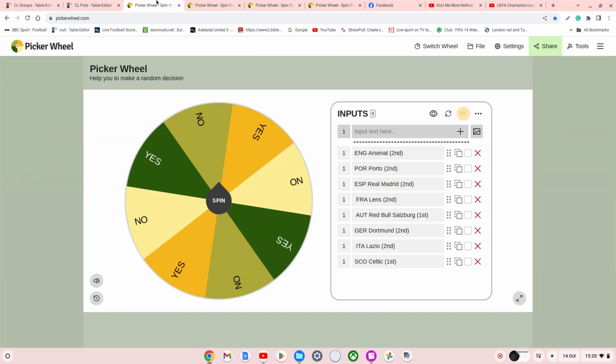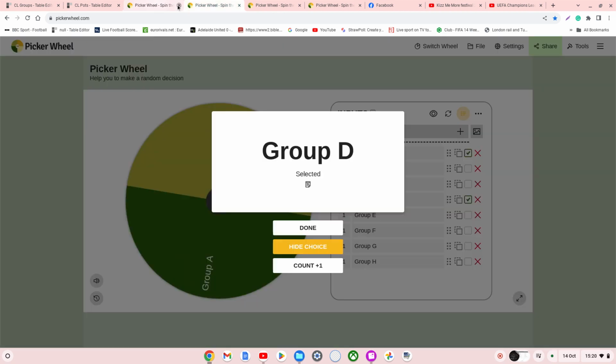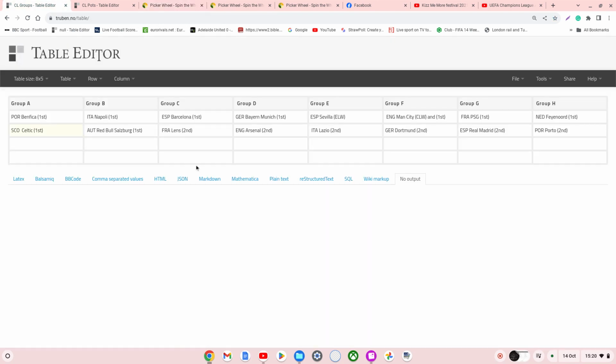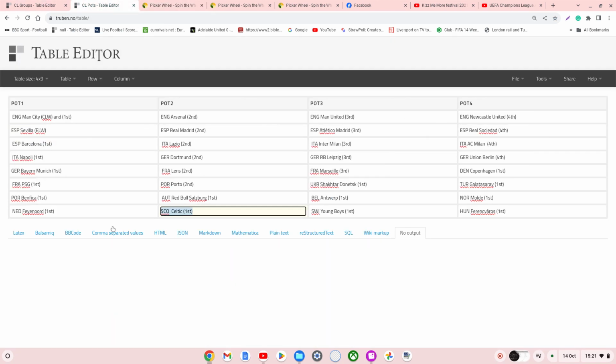Pot 3. So here are the teams in pot 3: Manchester United, Atletico Madrid, Inter Milan, RB Leipzig, Marseille, Shakhtar Donetsk, Antwerp, and Young Boys from Switzerland.